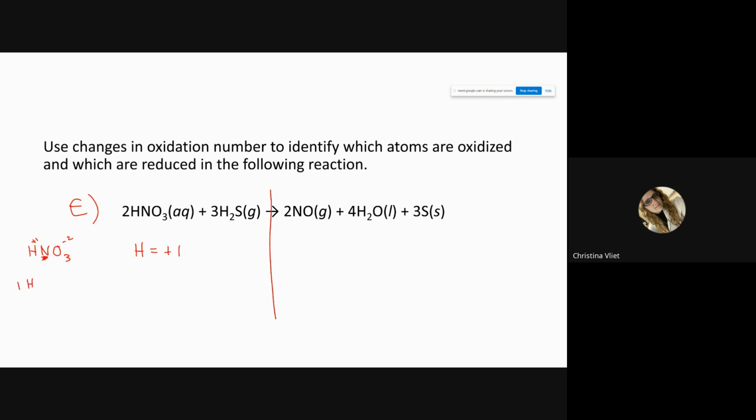So that's 1H plus 1N plus 3 oxygens equals to 0. Then positive 1 plus N plus 3 times -2 equals to 0. So far, so good? Yeah?